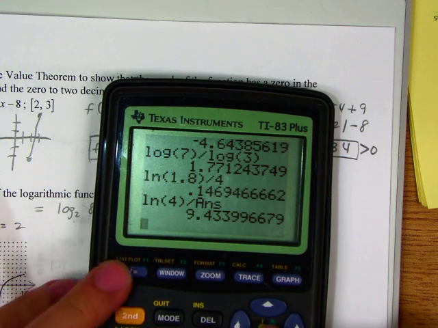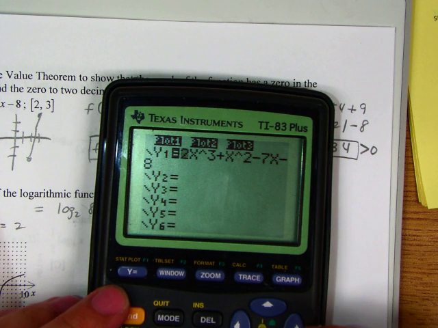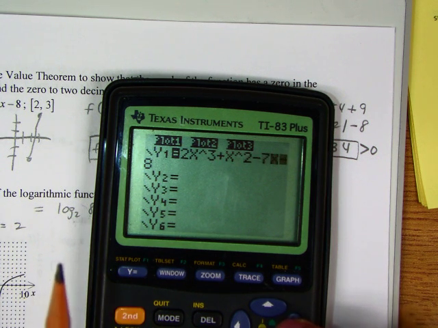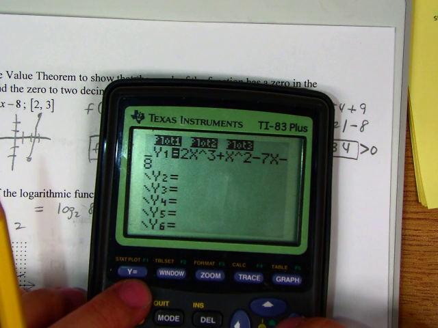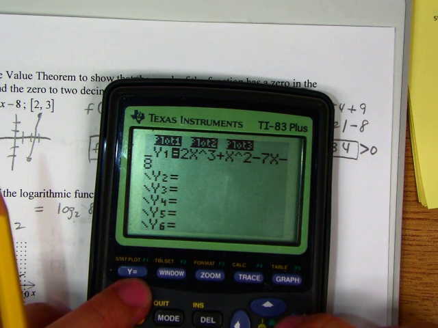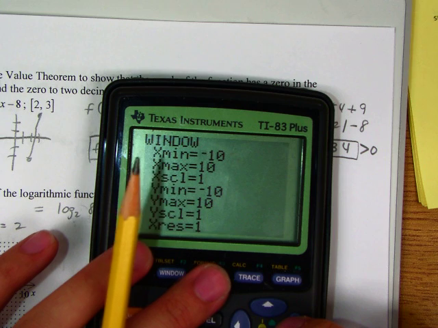Uh-oh. Invalid dimensions. Okay, that's not it. Back to original. There we go. Invalid dimensions.